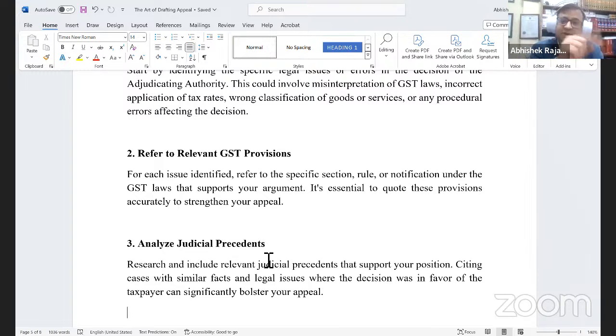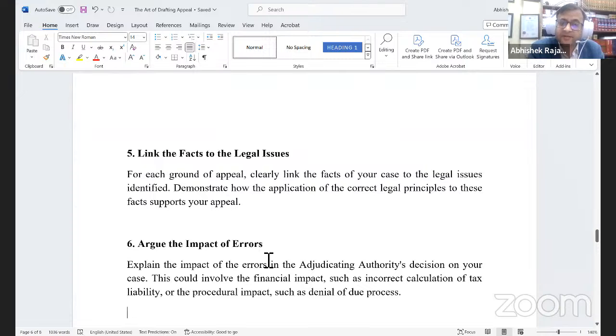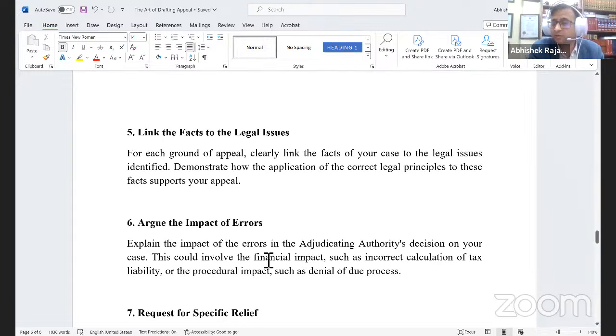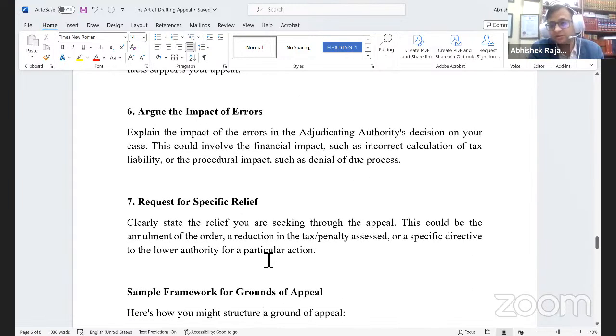If there is a change today, then you have to copy paste what the act was on that day. If in the grounds of appeal you can link your facts with the legal issues, and give a crystal clear explanation of what the facts are, what the legal issues are, and how this has had an impact, then it is good.